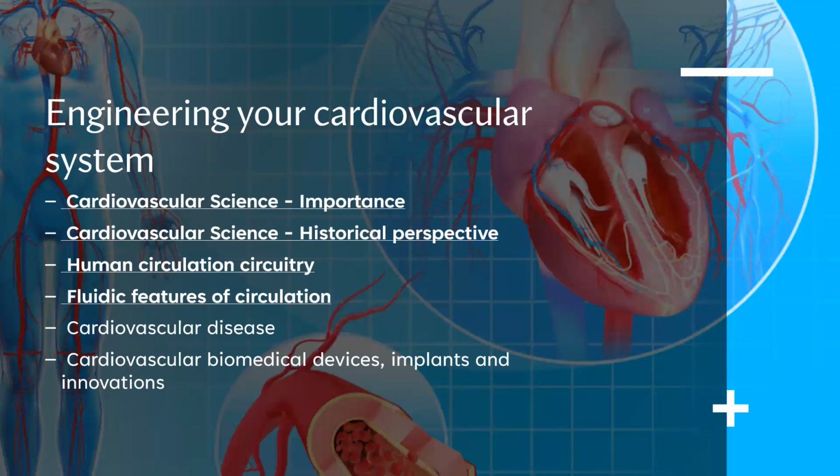And then we're going to look at an engineering aspect of this system, which is the fluidics. We're going to look at biofluid mechanics because it's very important and key towards our device design and material selection later on. Then we're going to move on and talk about cardiovascular disease and medical devices, implants, and materials that are used for these applications as we move on to the next week.